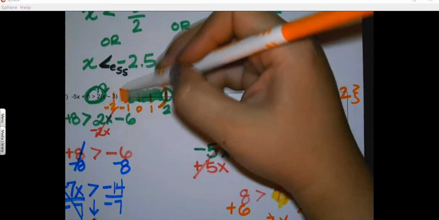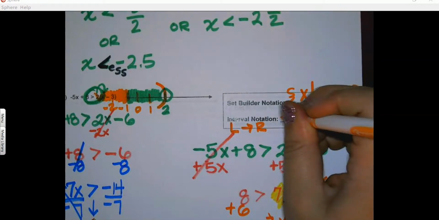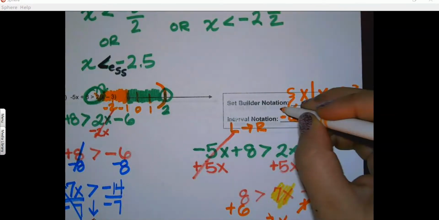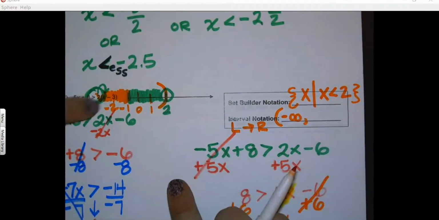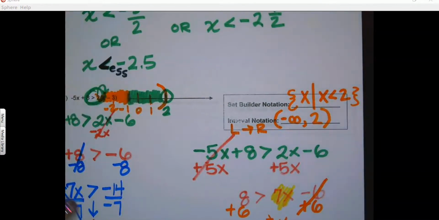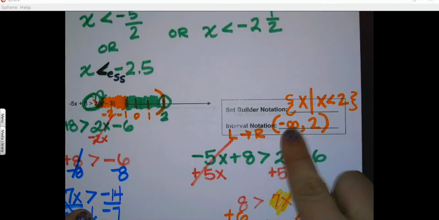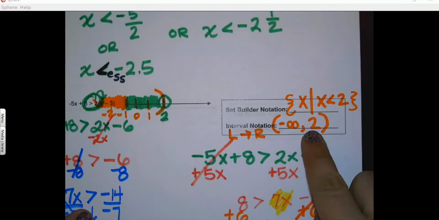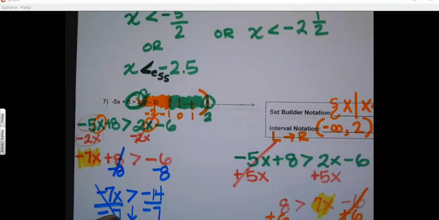These numbers that are shaded are going to eventually touch the negative numbers. That's why we're going to put a negative here. We always put a parenthesis around infinity, a comma, and then as you go to the right, it stops at 2. Okay, so this is saying any number that is smaller than 2 can go in for x in this problem here and here. That's what this is saying.